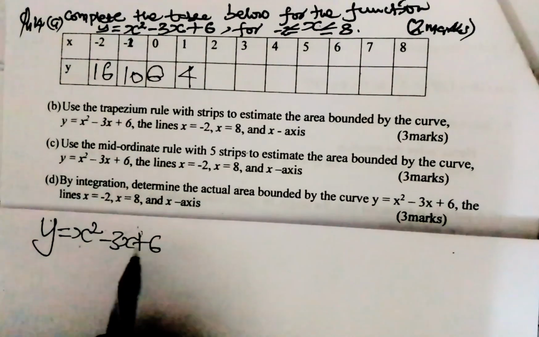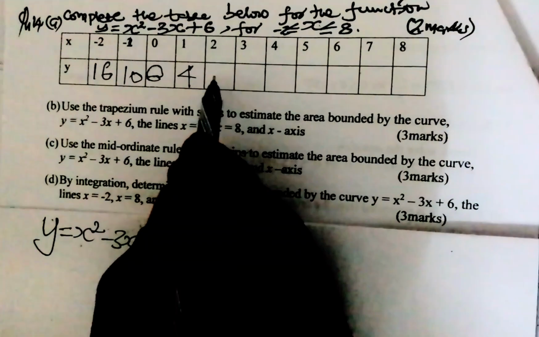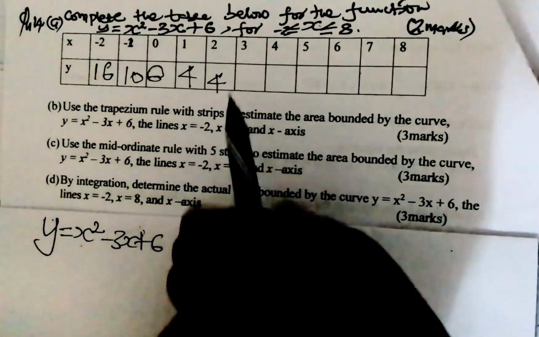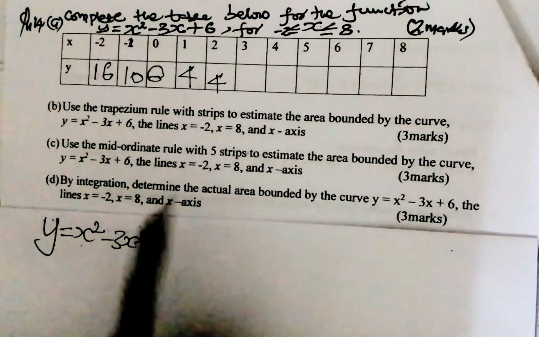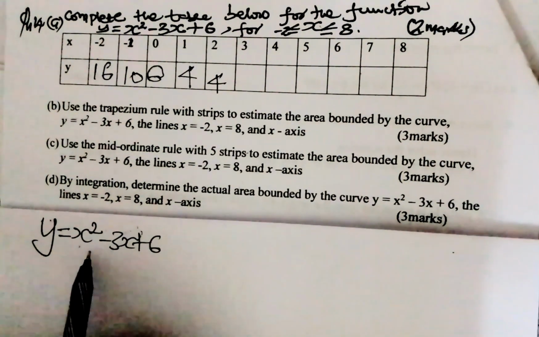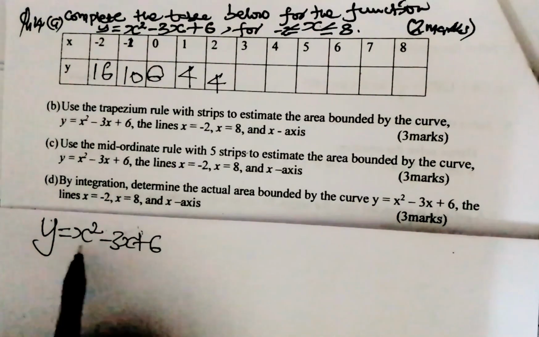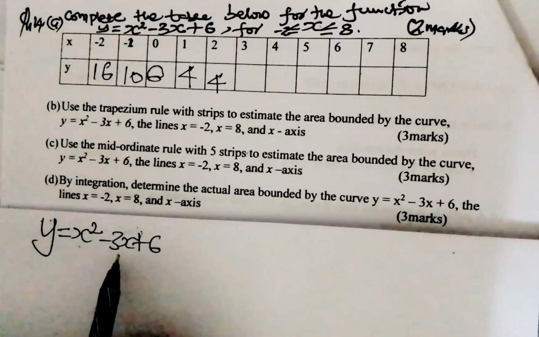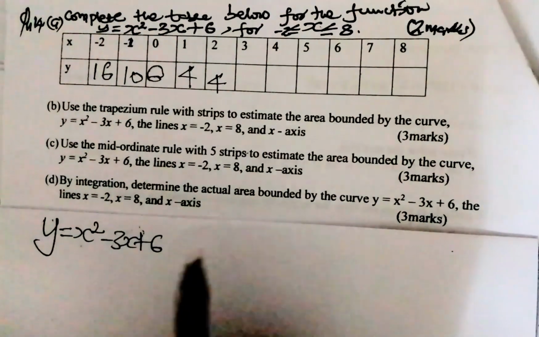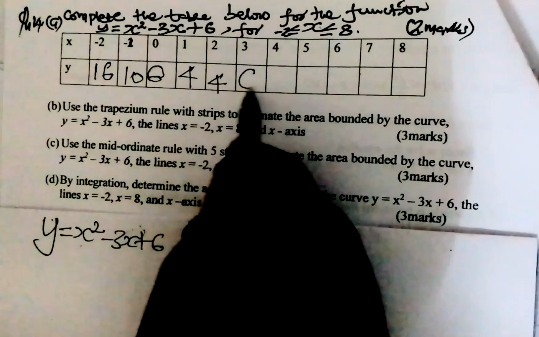So that gives you 4. When x is 3, you have 9 minus 9, which is 0. 0 plus 6 gives you 6.